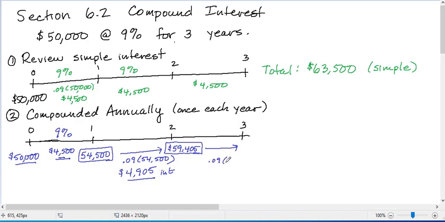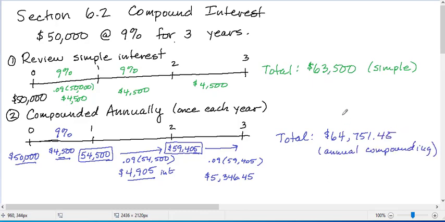So I have 9% of $59,405. That third year's interest amount is $5,346.45 for a grand total of $64,751.45. So you can see how compared to simple interest, compounding is a lot better to let your interest earn interest.